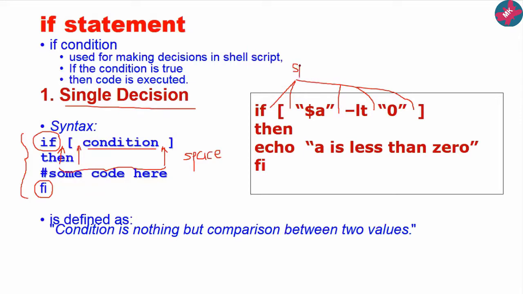Never forget to put the space, otherwise there will be errors in your script. Next line, and suppose I am just echoing that a is less than 0, and it terminates with fi. So this is one example of this if statement when you have to take a single decision.